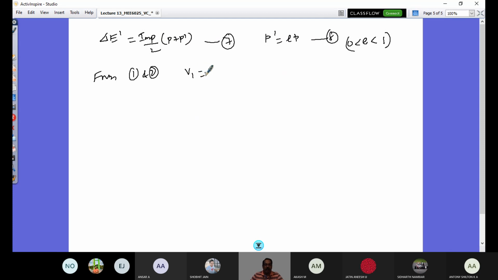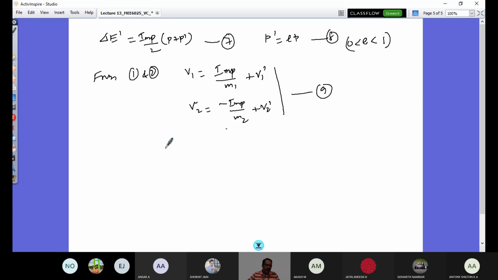So V1 would be equal to total impulse by M1 plus V1 dash, and V2 would be minus IMP by M2 plus V2 dash. Let this be equation number 9.